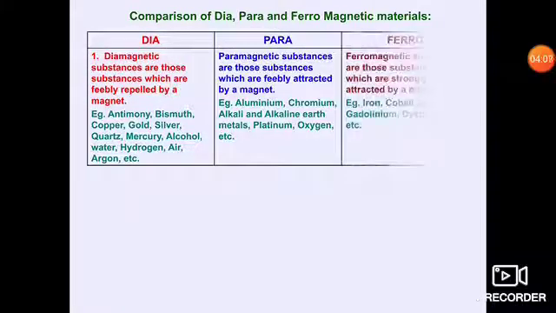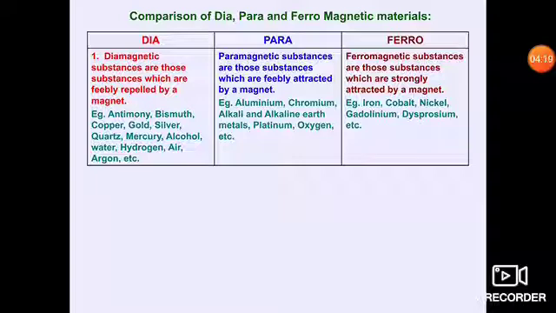Now we compare the dia, para and ferromagnetic materials. Diamagnetic substances are those substances which are feebly repelled by a magnet.